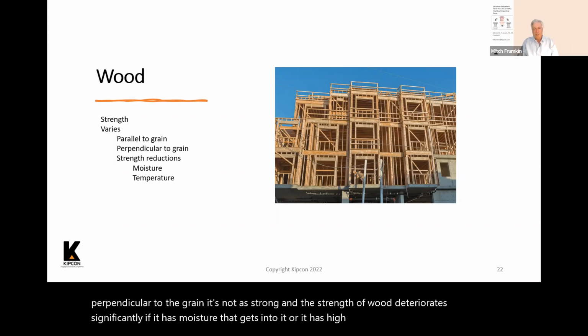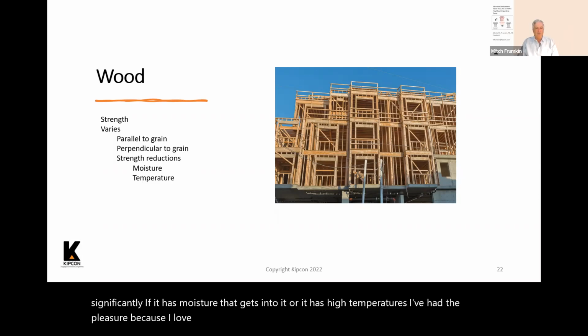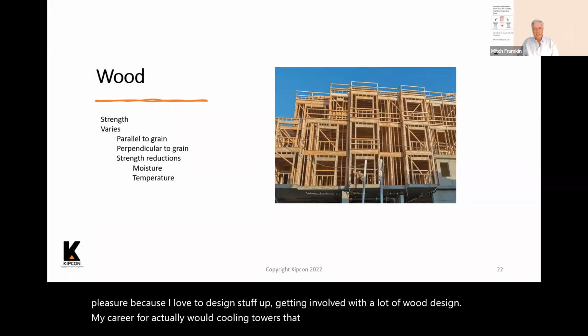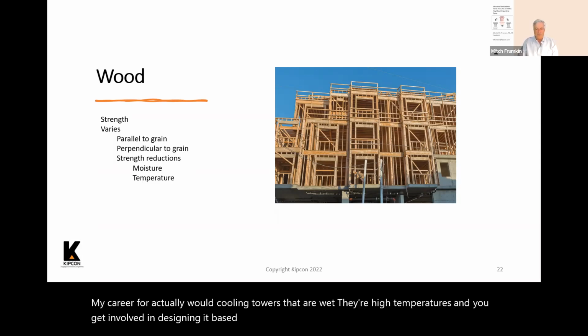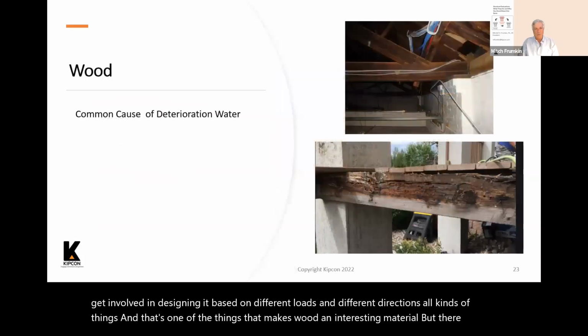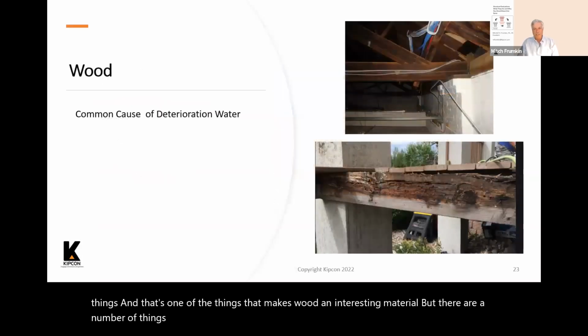I've had the pleasure, because I love to design stuff, of getting involved with a lot of wood design in my career, especially wood cooling towers that are wet, with high temperatures, and you get involved in designing it based on different loads in different directions, all kinds of things. And that's one of the things that makes wood an interesting material. But there are a number of things like water that can deteriorate it significantly.